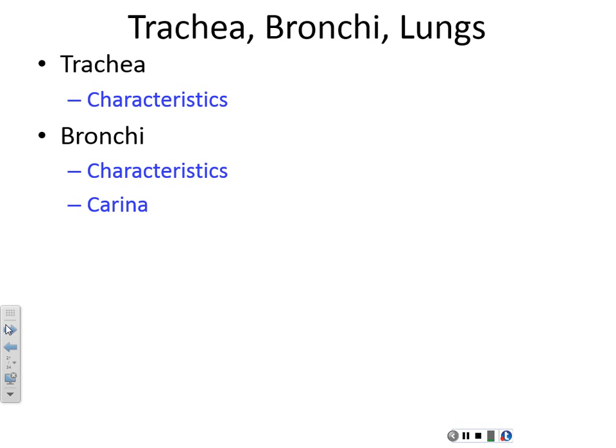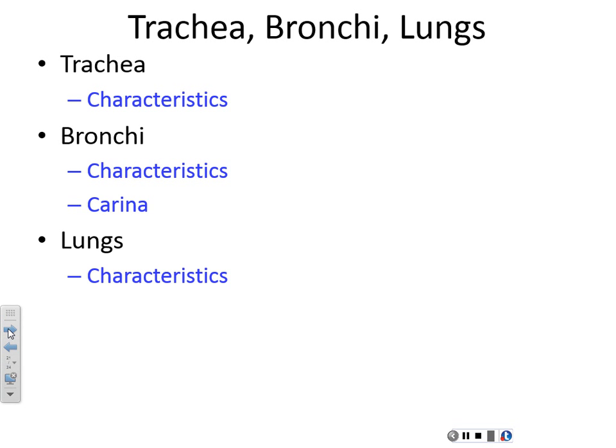I want you to kind of know how the structure and function change from the trachea with those cartilaginous rings all the way to the respiratory bronchioles, which are mostly smooth muscle. So you start with the ciliated columnar epithelium, and by the time you end up in the alveolar ducts and the alveolar sacs, you've got squamous epithelial cells.